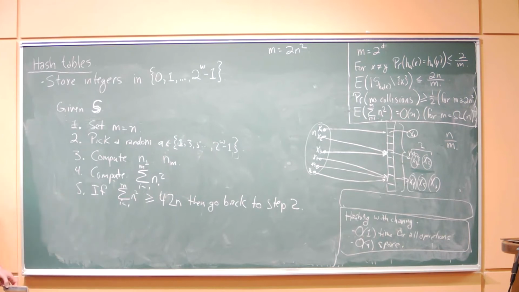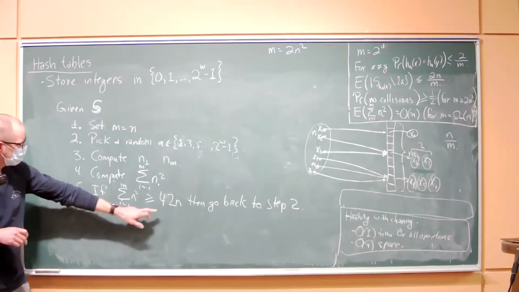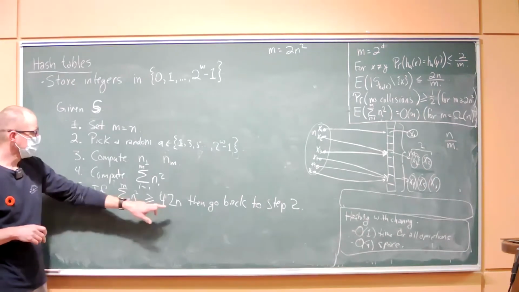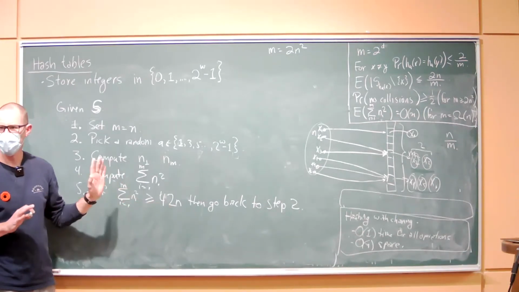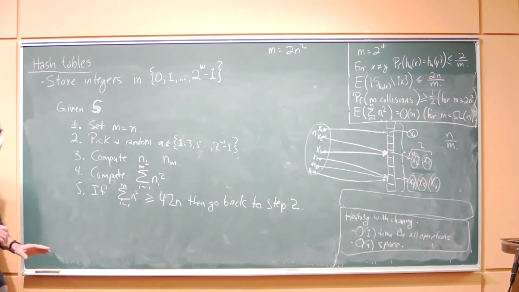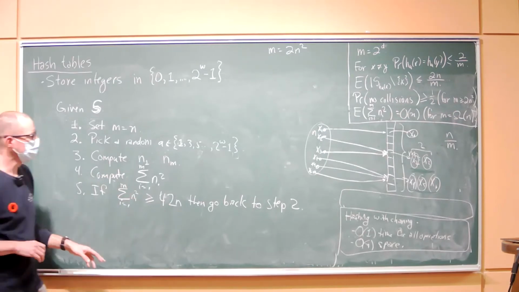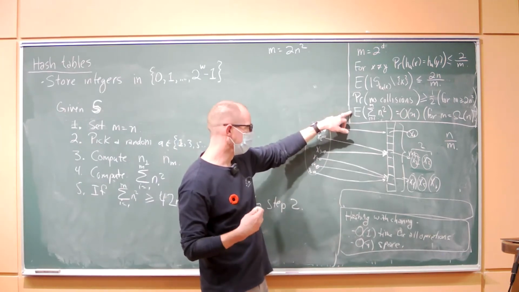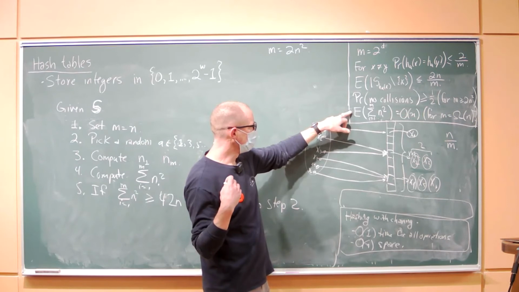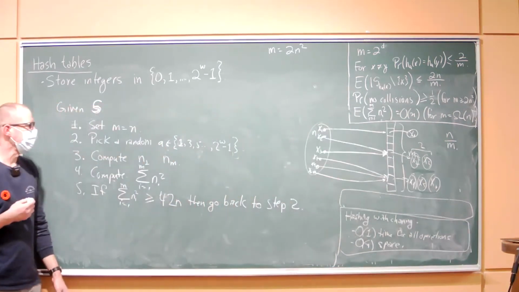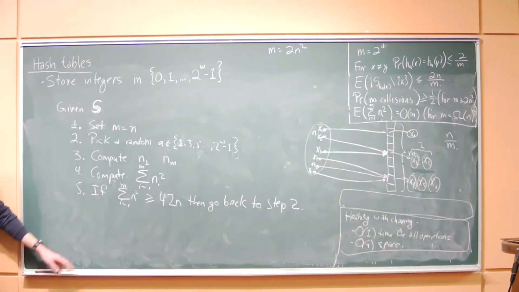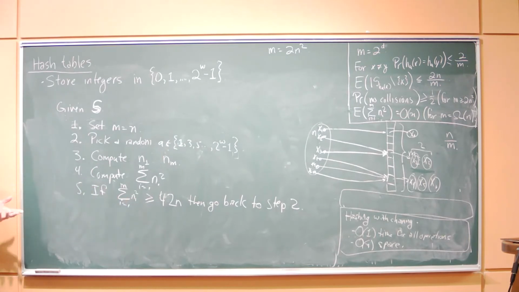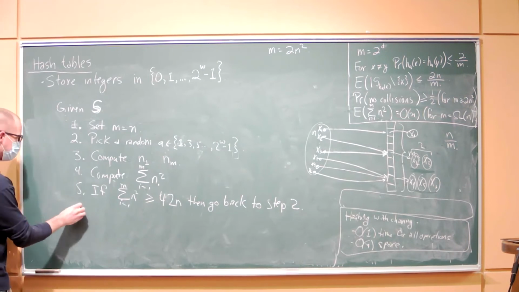And if you pick this number 42, then the probability that this happens is going to be less than a half. In fact, we had computed this expected value fairly precisely. You just need to pick a threshold which is twice that expected value in order to make the probability of this less than a half. All right, so otherwise you get past this step.